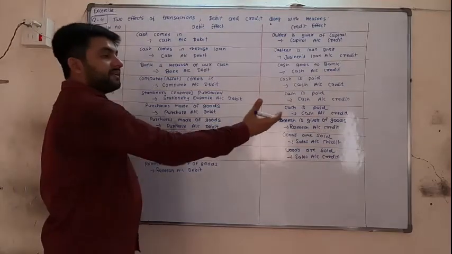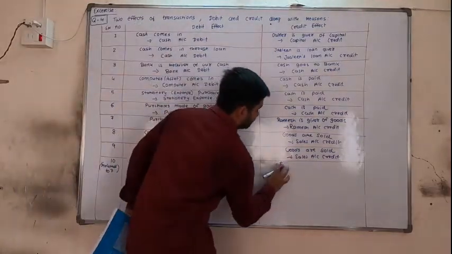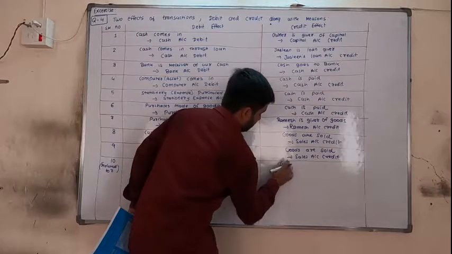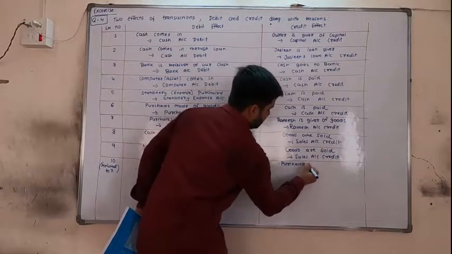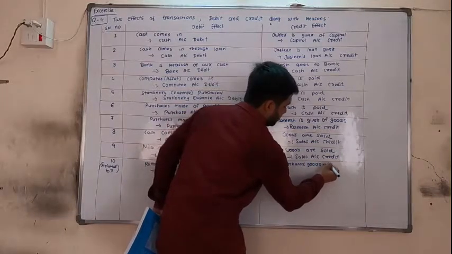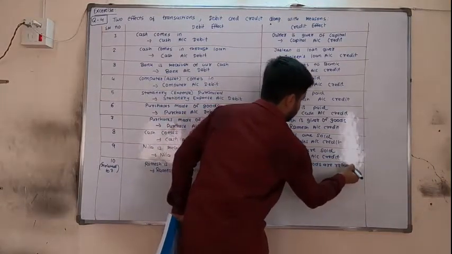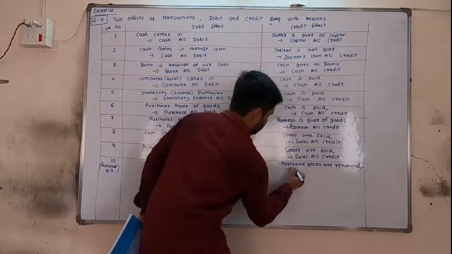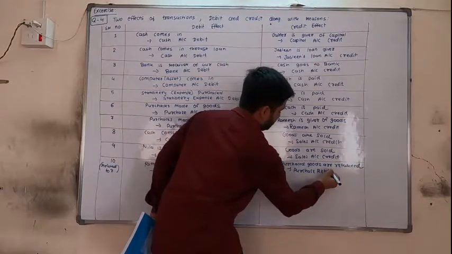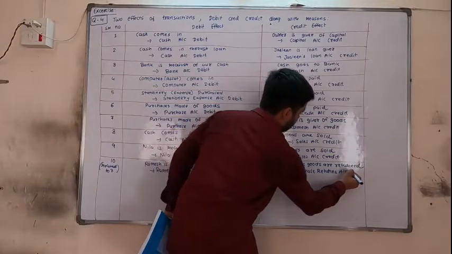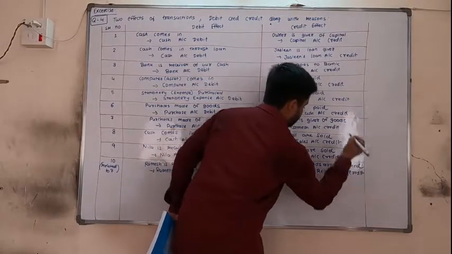Now we are returning that purchased goods. Purchased goods are returned. So purchase returns account credit.